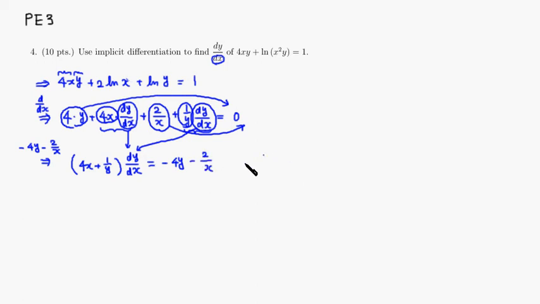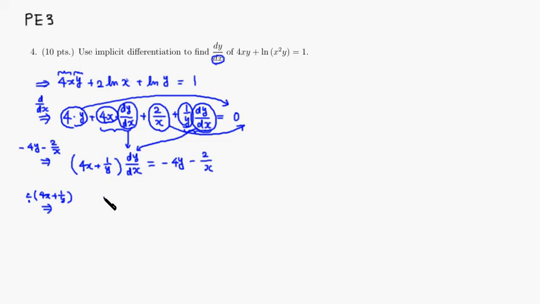The last step would be to get rid of 4x plus 1 over y by dividing the whole equation through by that, so it's 4x plus 1 over y.